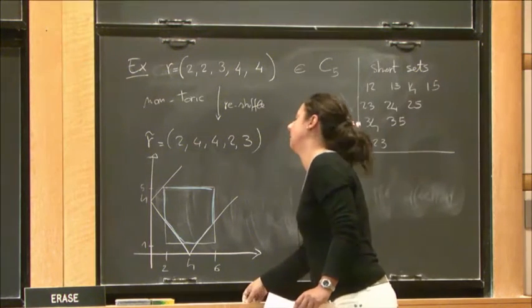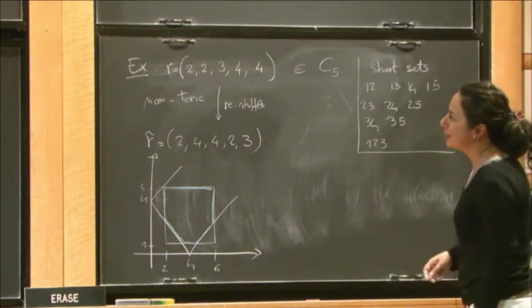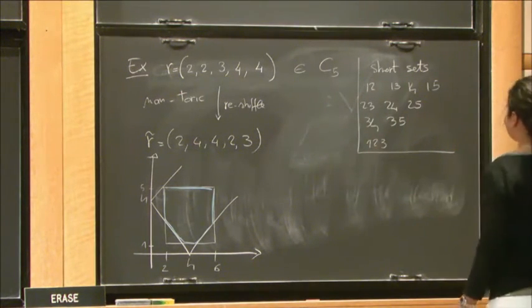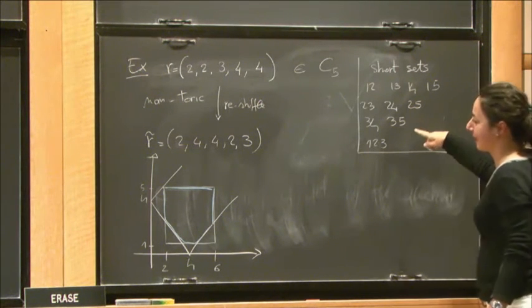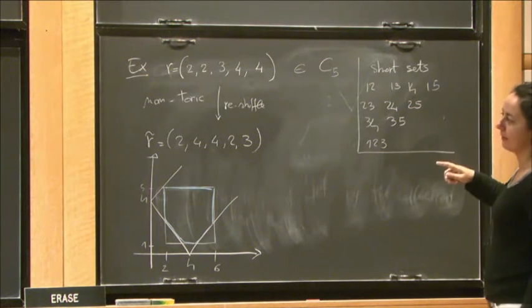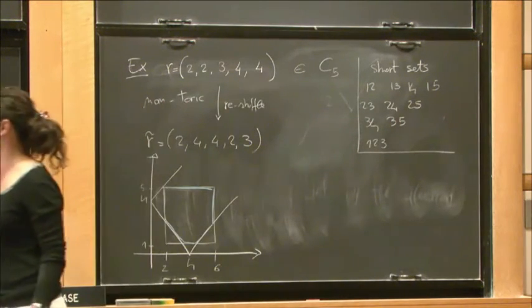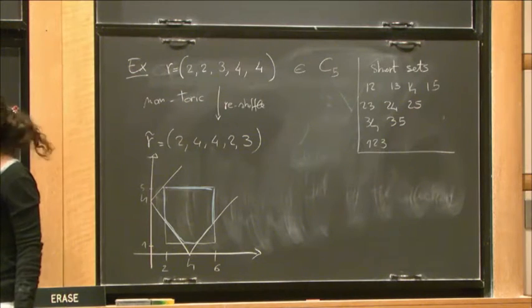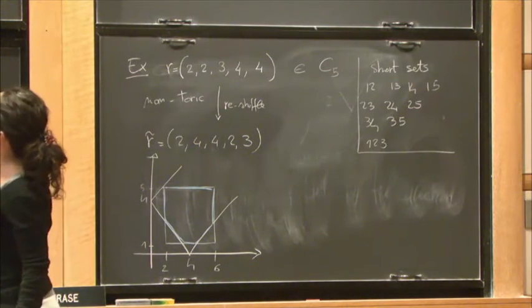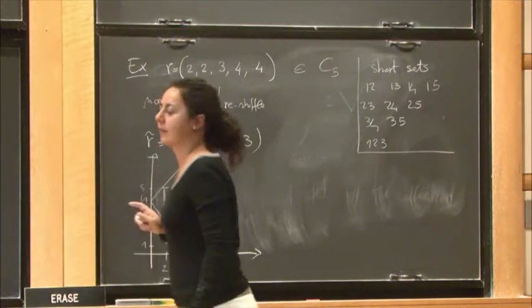So after a little bit of playing with these polygons, I can tell by looking at the short set that I expect the Gromov width to be twice the minimum of the R's. That is not the case here, because this case occurs only when I have a maximal short index set of cardinality 1.